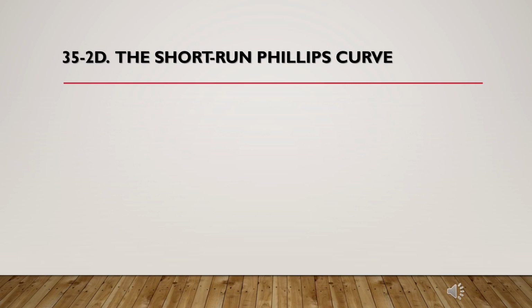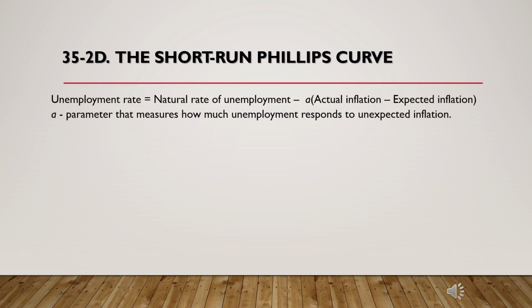The analysis of the short-run Phillips curve can be summarized by the following equation. Unemployment rate equals the natural rate of unemployment minus A multiplied by actual inflation minus expected inflation. This equation is another expression of the aggregate supply equation that we have seen previously.